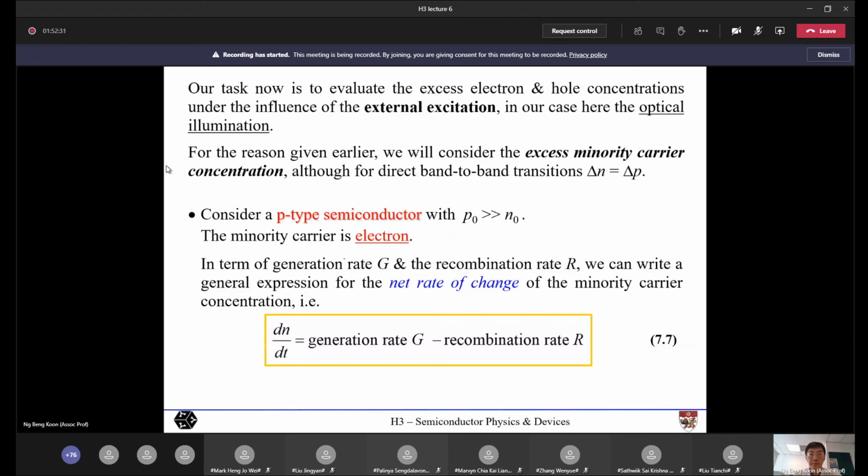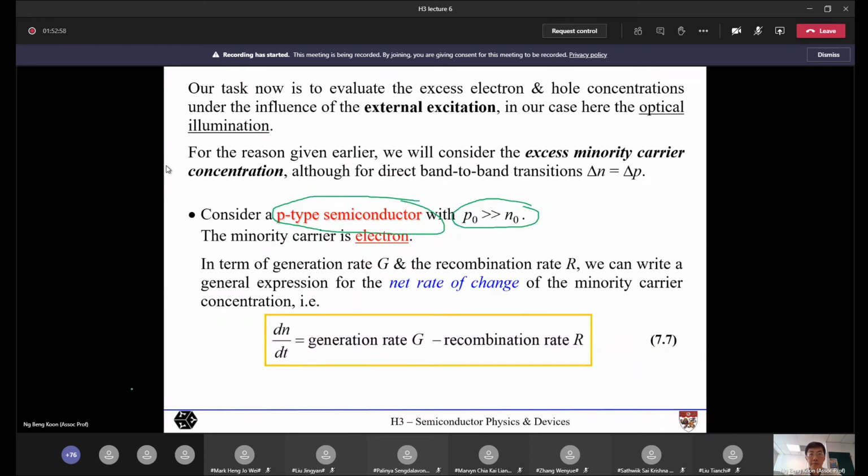In this case, let us first consider the case of a p-type semiconductor. If you assume that the majority carrier is much greater than the minority carrier, then the minority carrier, electrons, will generally be the carrier that we'll be analyzing. So how do we describe how the carriers are changing in the semiconductor?